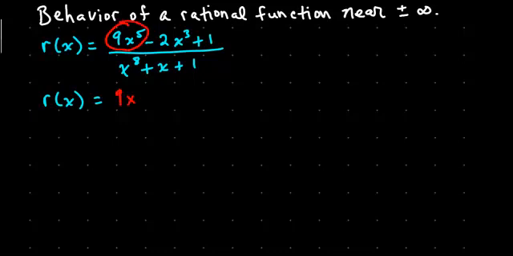Get 9x to the fifth times, I need a 1 there to get my 9x to the fifth back. Alright, and now I need to get 2x cubed back. So what am I going to need? When I multiply, so to get the x to the fifth, x cubed back down here, I need an x squared.